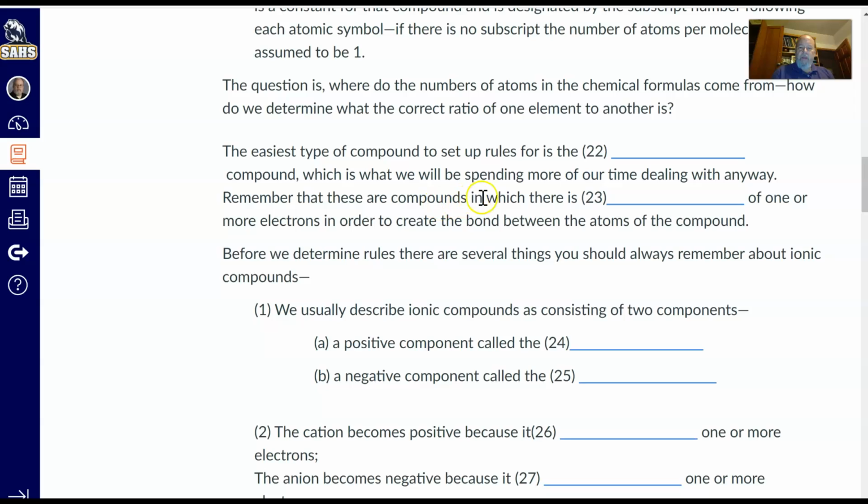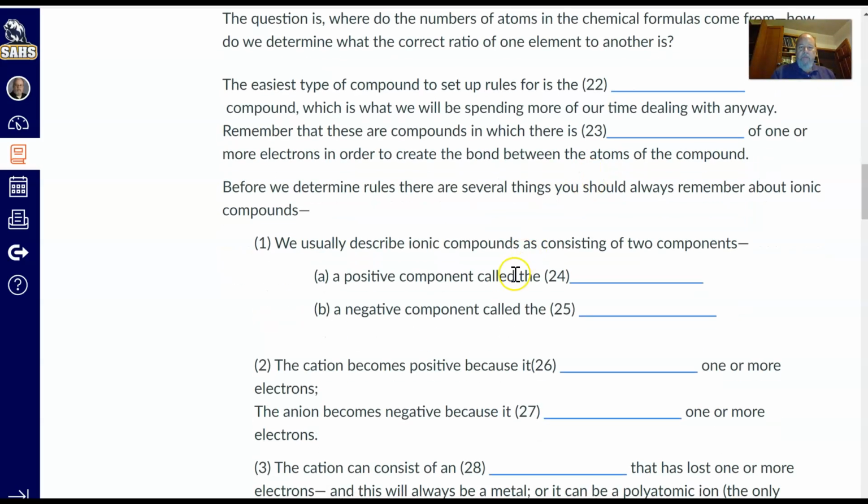And we remember that these are compounds in which there is transfer of 1 or more electrons in order to create the bond. Okay, the formation of the bond comes about because we have transferred electrons from a metal to a nonmetal, and that forms the ions, and then the ions get together and form the bond.